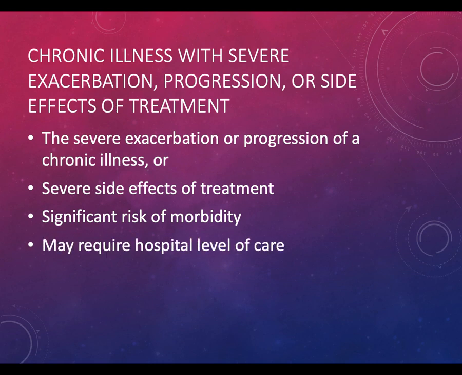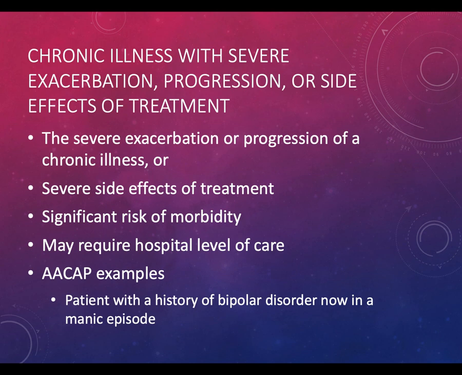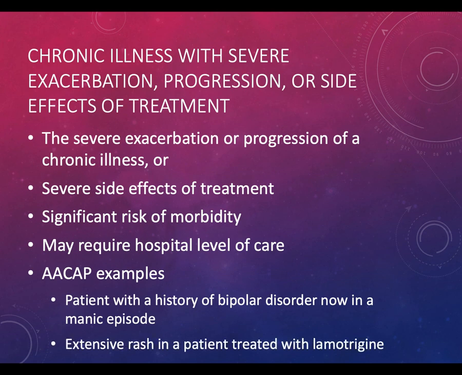And 3, hospital care may be required. ACAP examples are a patient with a history of bipolar disorder, now in a manic episode, and an extensive rash in a patient treated with lamotrigine.